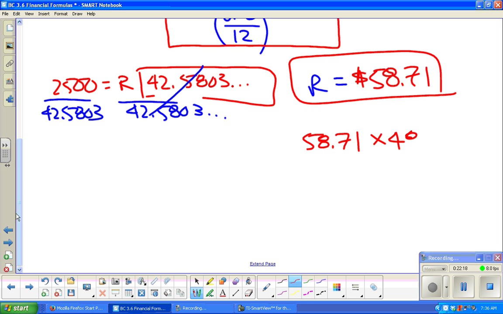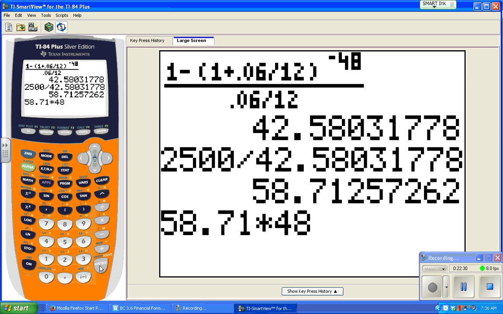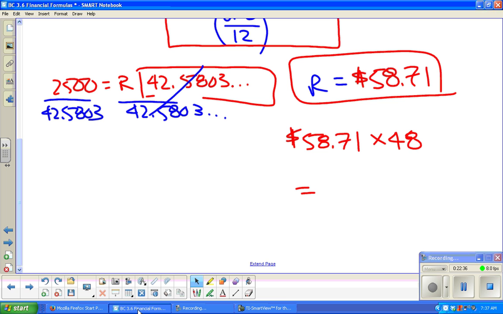Okay, so if I pay $58.71 per month for 48 months, I'm just a little curious to see how much money this is. 58.71 times 48. This is to pay back a $2,500 loan. 2,818.08. Okay, cool.